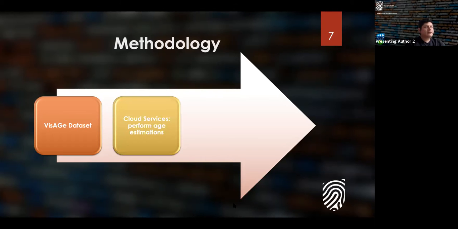Once we had the dataset, we processed the images through cloud services. In this case, we used Amazon AWS Rekognition and the Microsoft Azure Face API, two cloud services that provide an age estimation and image classification for each image within the dataset.